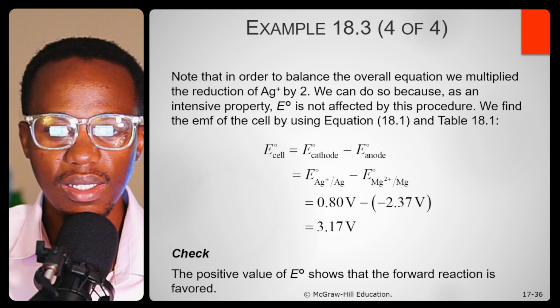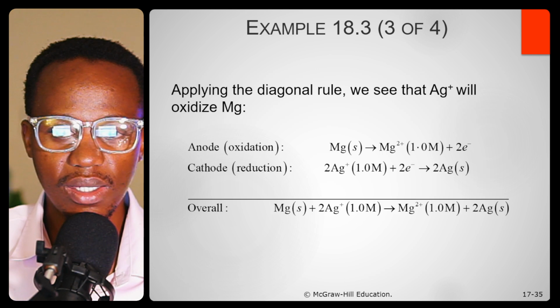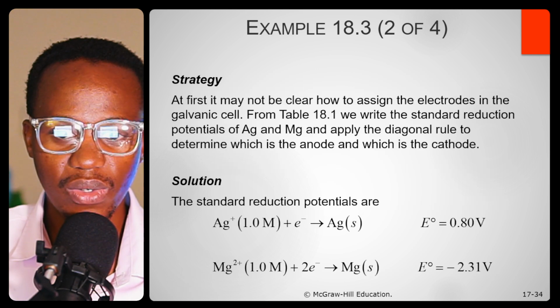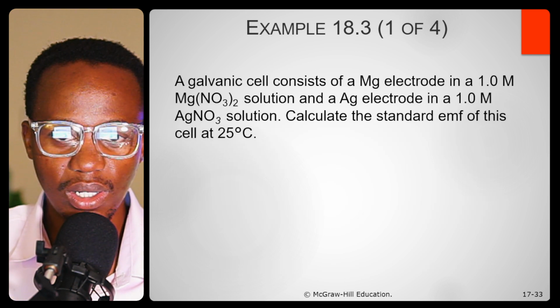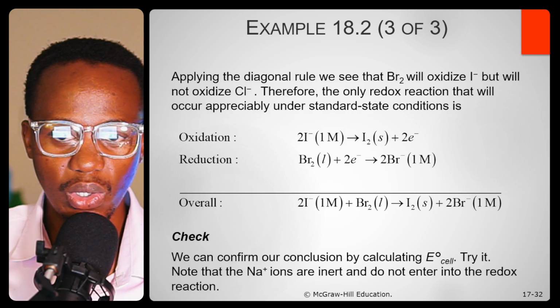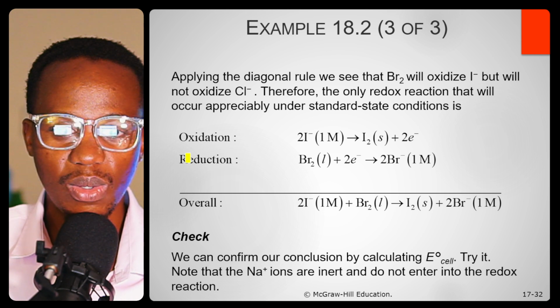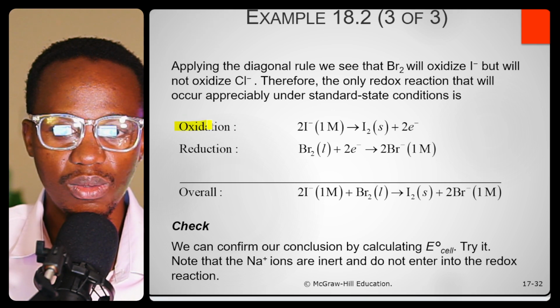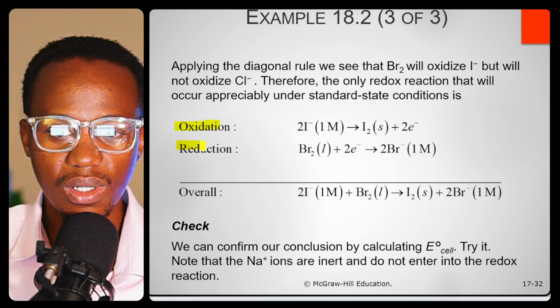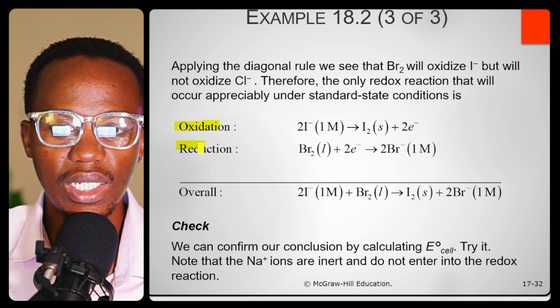But again, same thing. Here is what happens to the anode versus what happens to the cathode. You're going to set them up, right? From that table, you're going to see which one undergoes oxidation, which one undergoes reduction, right? And then you can calculate it, right?